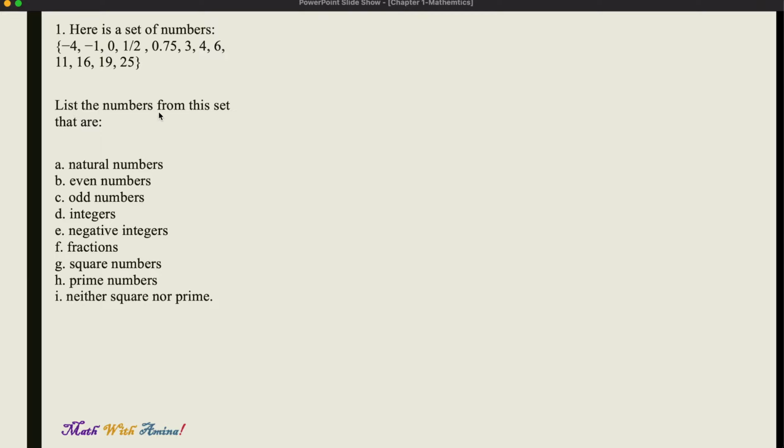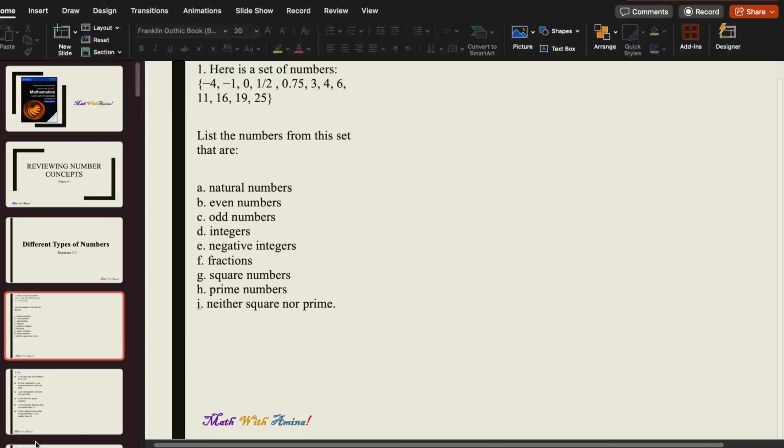List the numbers from the set that are natural numbers, even numbers, odd numbers, integers, negative integers, fractions, square numbers, prime numbers, neither square nor prime. So in order to identify the different numbers mentioned in here, we will go through each number and what it indicates. So let's just make a start.